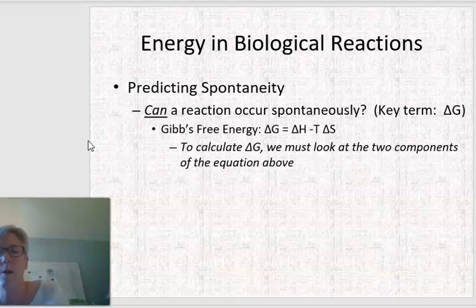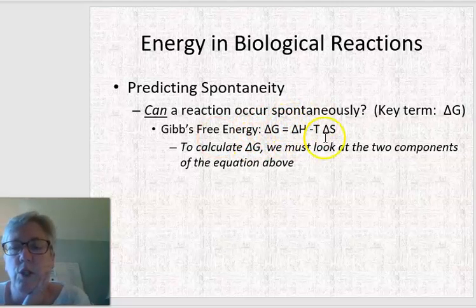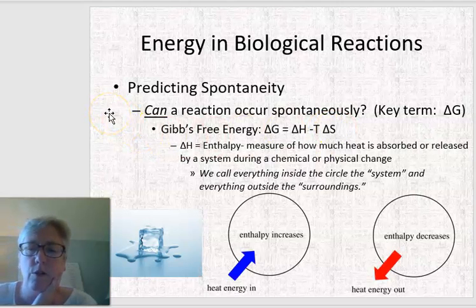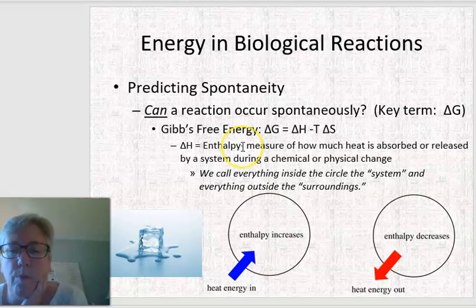But we also have to consider the other terms in this equation. Delta G is made up of this delta H term, temperature, and delta S. So let's look at those. Delta H is enthalpy. That's how much heat is absorbed or released by a system during a chemical or physical change. If we look at this picture, we always have to consider the system versus the surroundings.